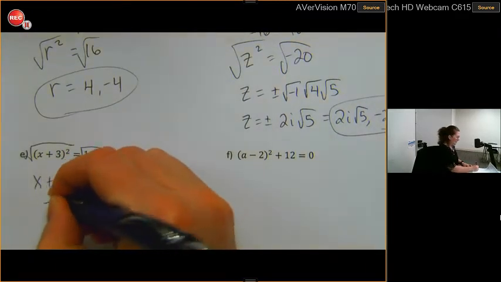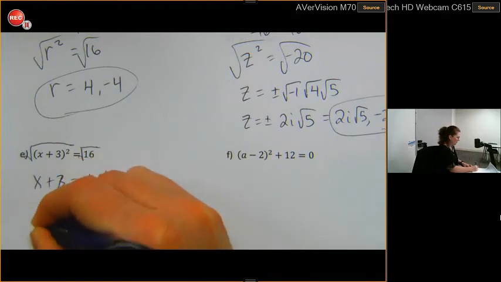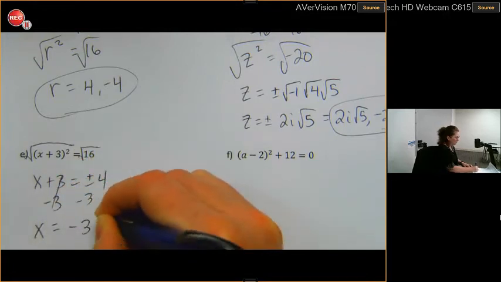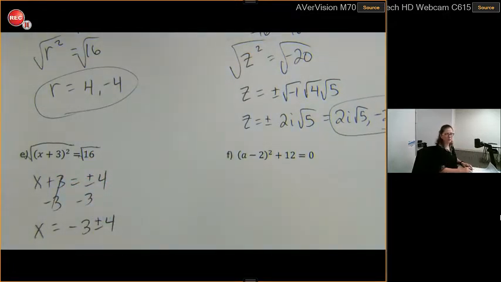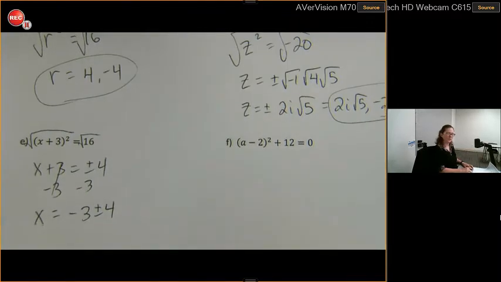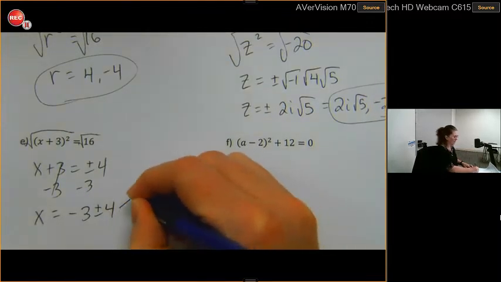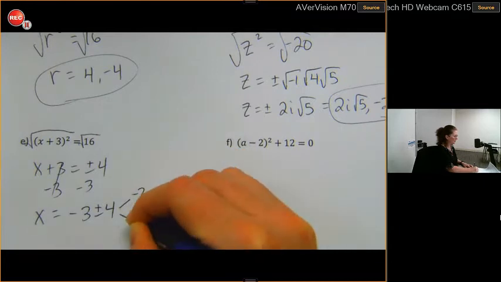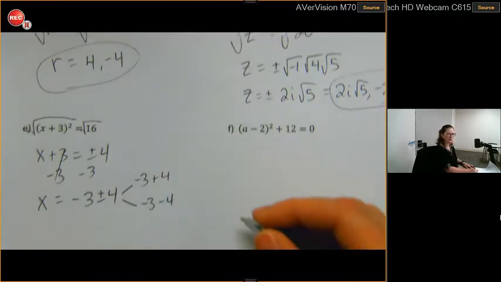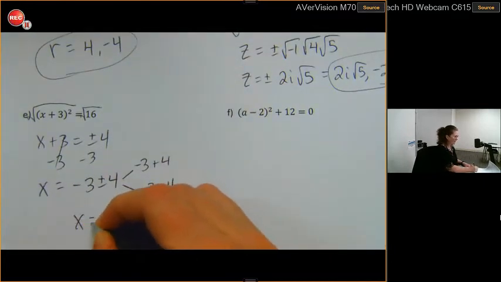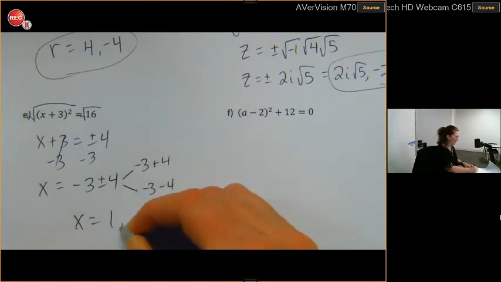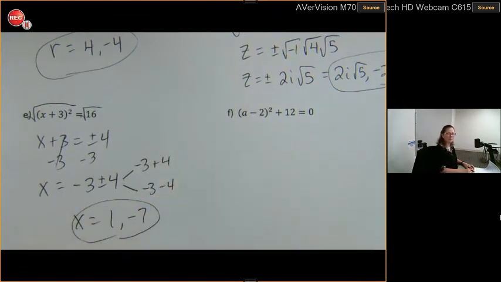To get the x by itself, I'm going to subtract 3. So then negative 3 plus or minus 4. And then what we need to do is split this up into two separate problems. Negative 3 plus 4 and negative 3 minus 4. So my final answers are positive 1 and negative 7.